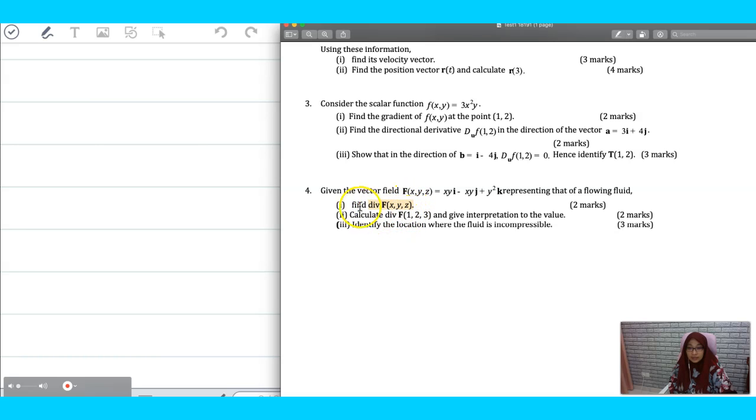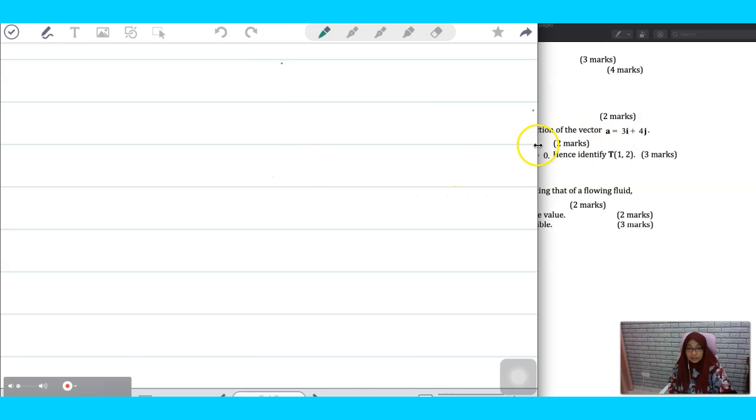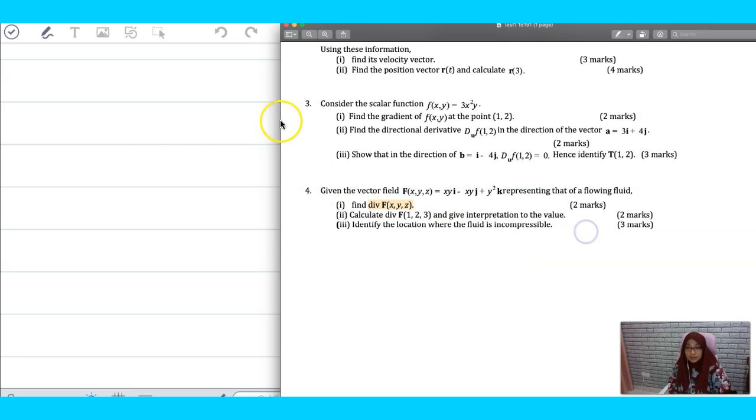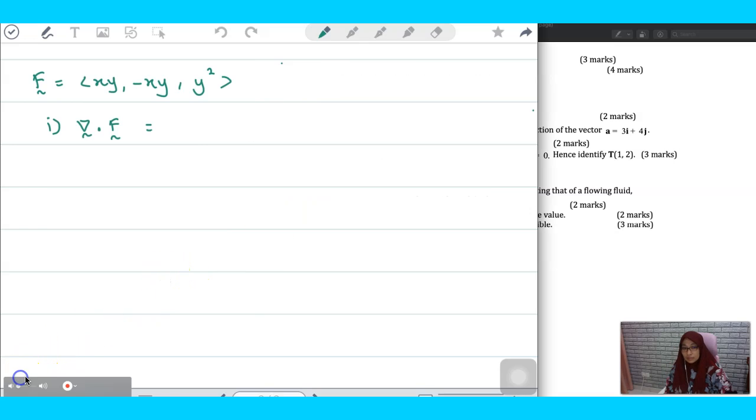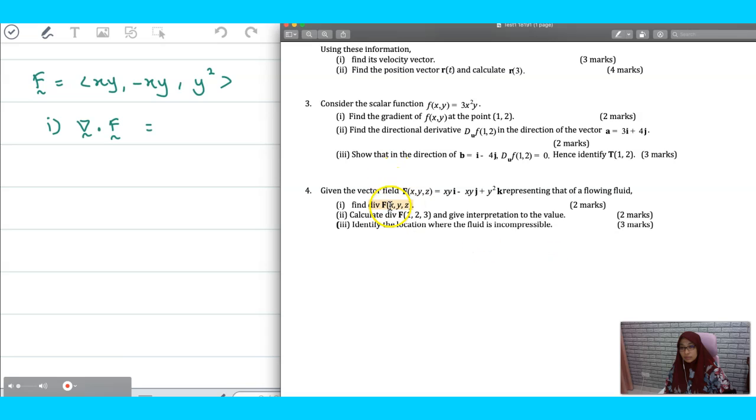Okay, let me copy the F first. So you have to find the divergence of the given F.